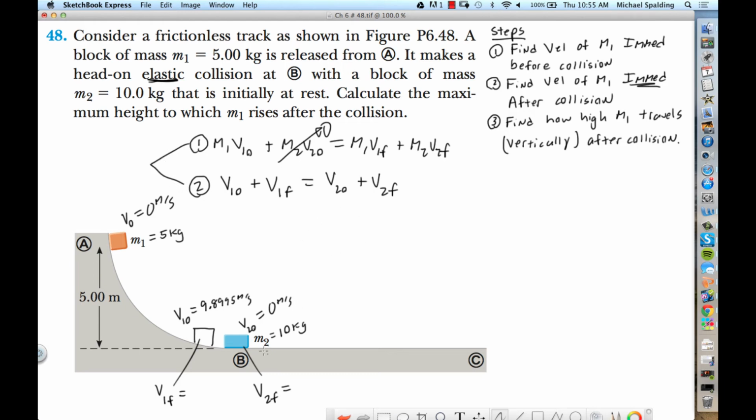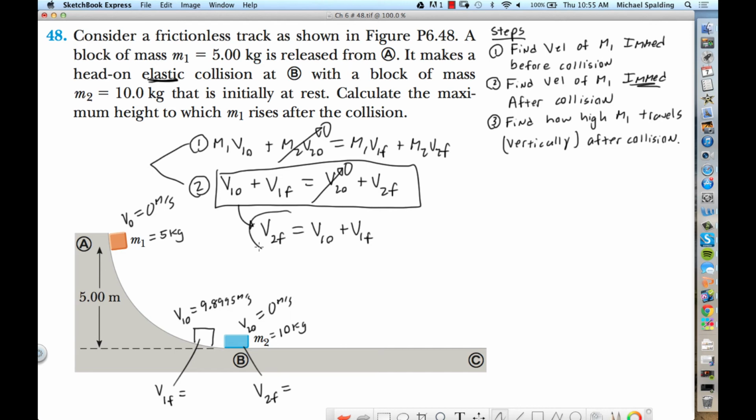All right, so again, what's V2 initial before the collision? 0. So now I'm going to take equation 2, solve it for V2 final. V2 final is V1 initial plus V1 final. Okay, so take this and plug it in there.